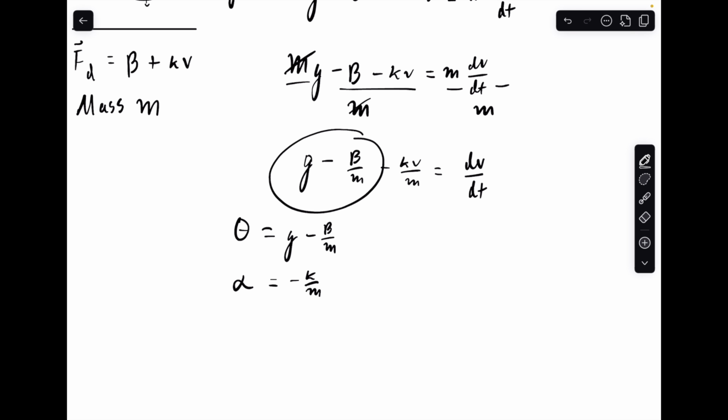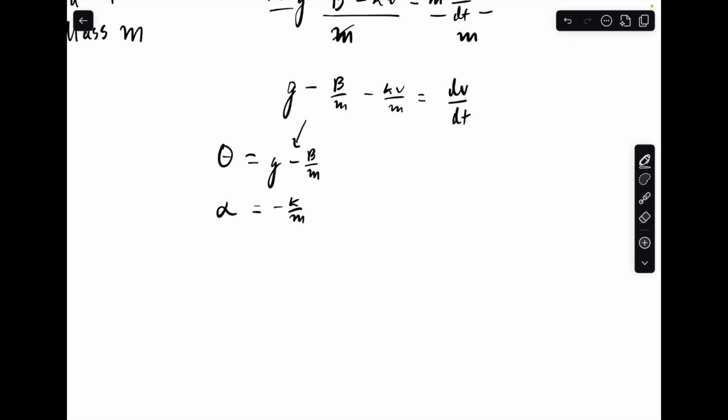But I know that this is just one big constant. So if I take that one big constant and call it theta, and take this constant multiplier k over m and call it alpha, I can rewrite this as theta minus alpha v is equal to dv dt.